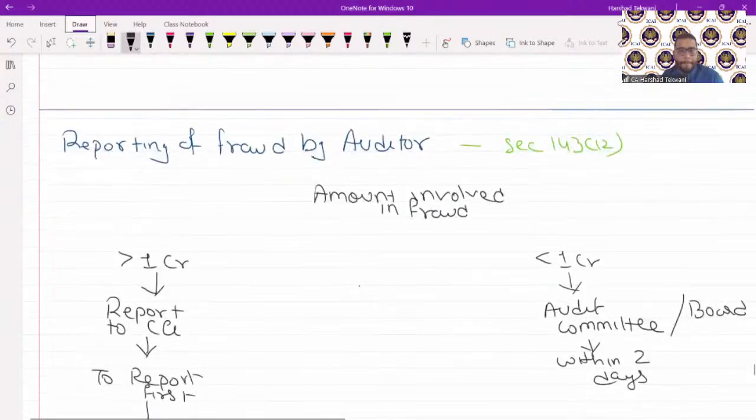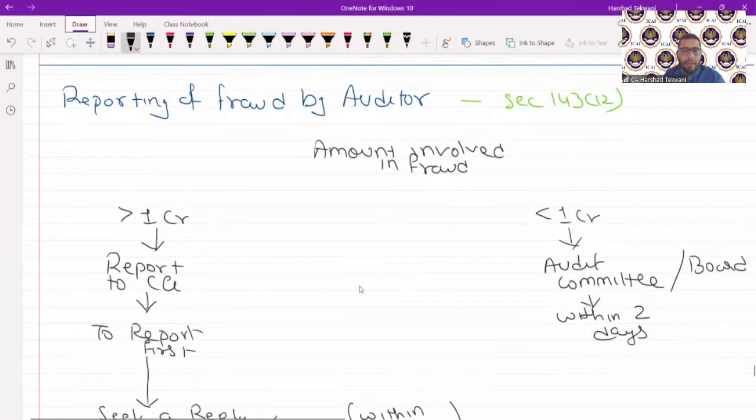Clear? This was when the fraud amount is more than 1 crore. If the fraud amount is less than 1 crore, then you need to report to the audit committee, within 2 days. Now, what are the things you need to report?